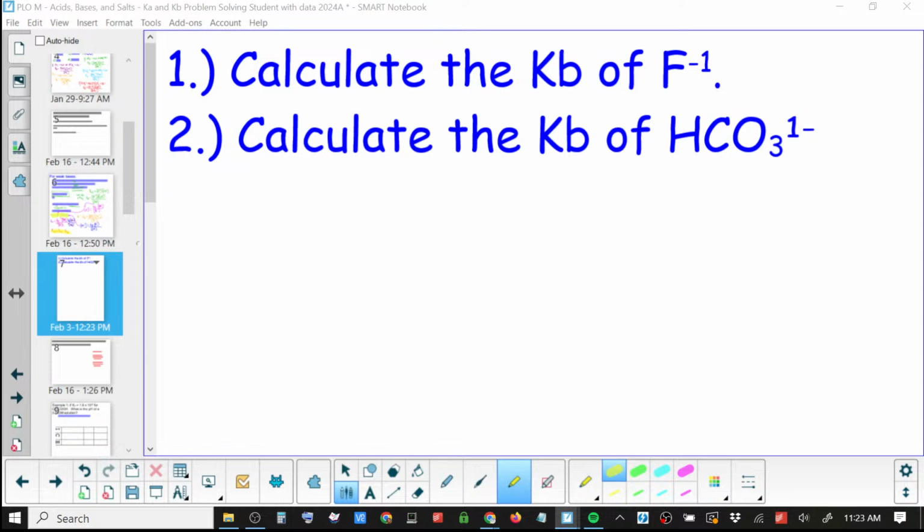Where is KB on the table? You could get Ka from the table and then solve it. Right, that's how you have to solve it. That's the only way, other than experimentally, you can always measure it.